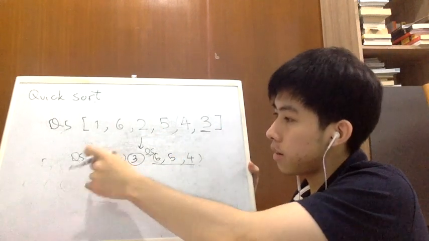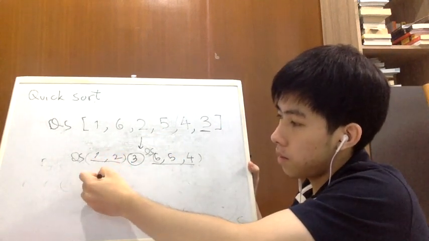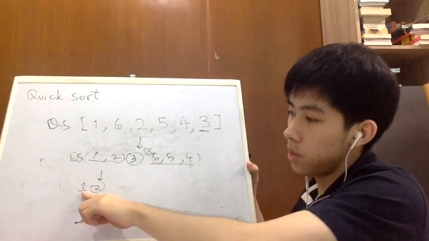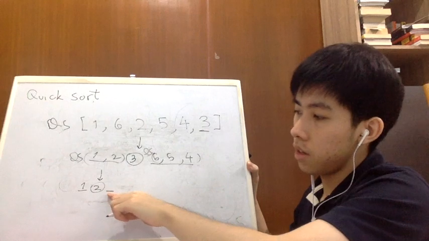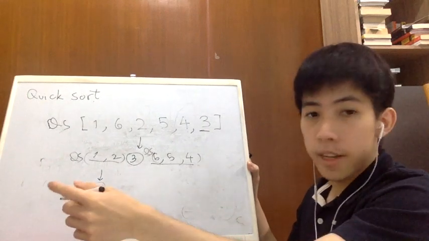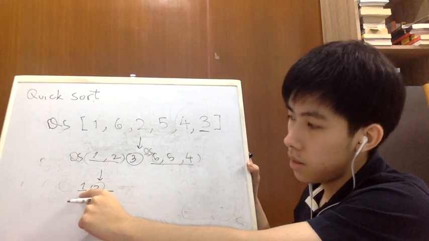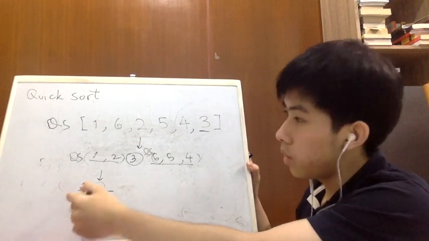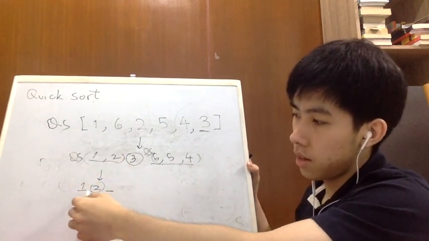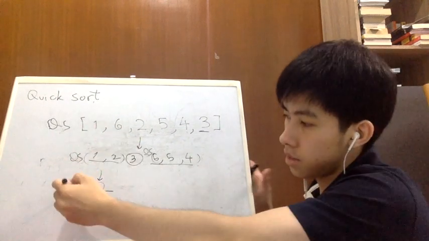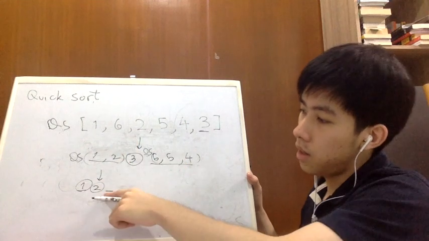So let's try it. We can pick a pivot as 2, and the less than group is only 1. There's nothing in the greater than group. So now we reach the edge cases where there's only one element. When Quicksort encounters only one element in the list, we can just return that list and call it sorted.